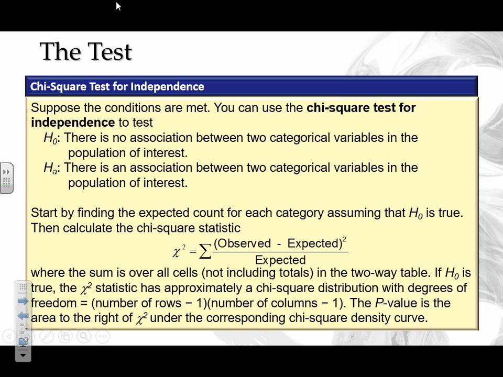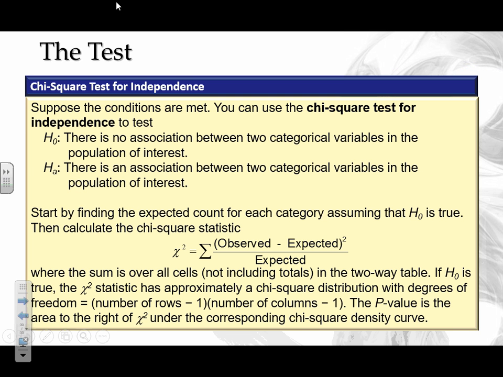Once we have our chi-square value, we would use our chi-square CDF, plug in the chi-square value for our lower bound, 1e to the 99 for our upper bound, and then for degrees of freedom, we calculate it exactly the same as we did for homogeneity.